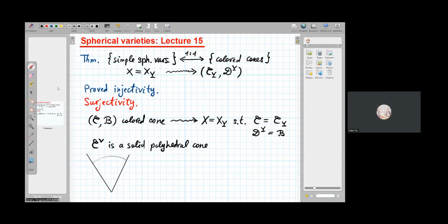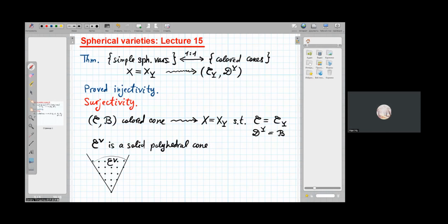This is my cone C check. And let me mark by dots the lattice points in this cone. So something like this.